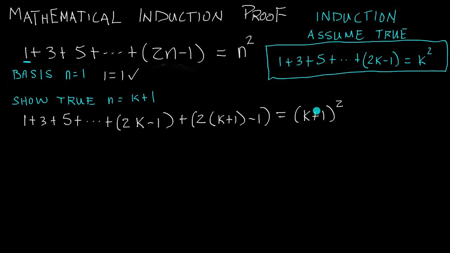So now if we can show that the left-hand side is equal to the right-hand side, then we have completed the mathematical induction proof. If we notice here, this part right here is equal to the left-hand side of the assumption that we made in our induction step.